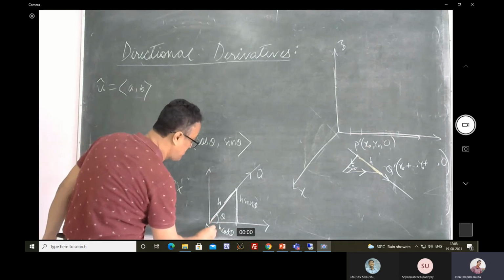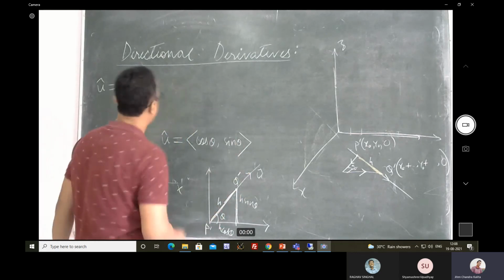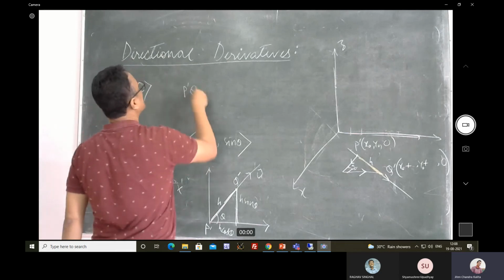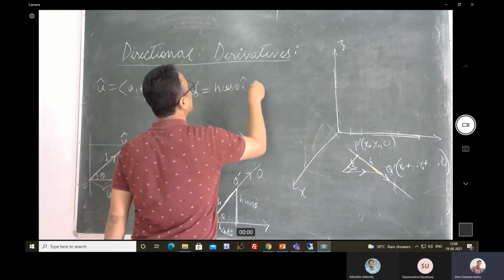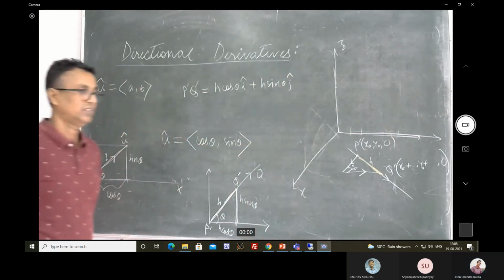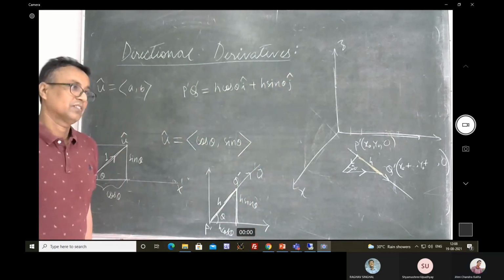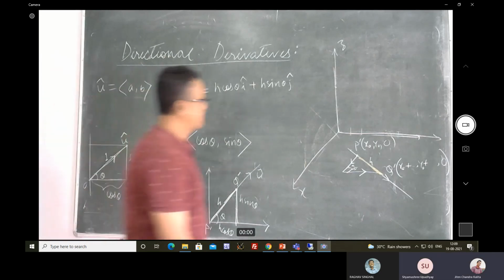And if this is p prime and this is q prime, then the vector p prime q prime is simply h cos theta i plus h sin theta j. Isn't it? Right?